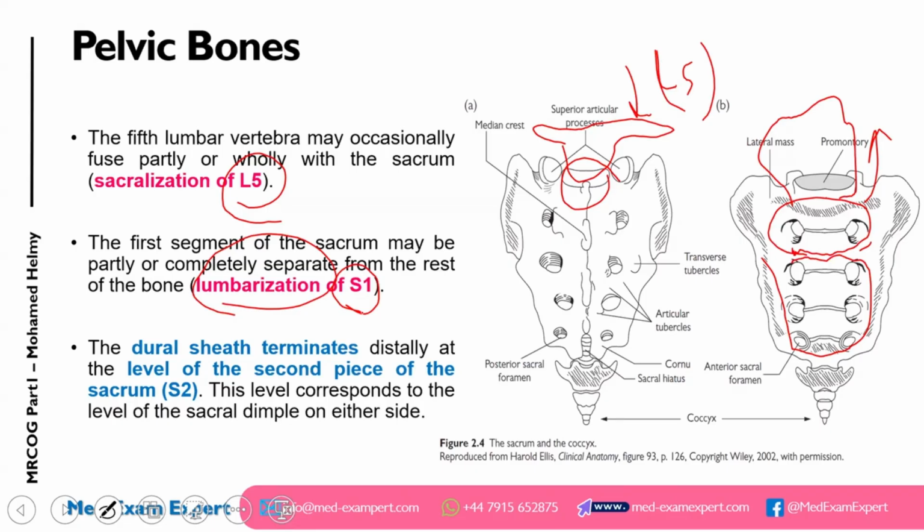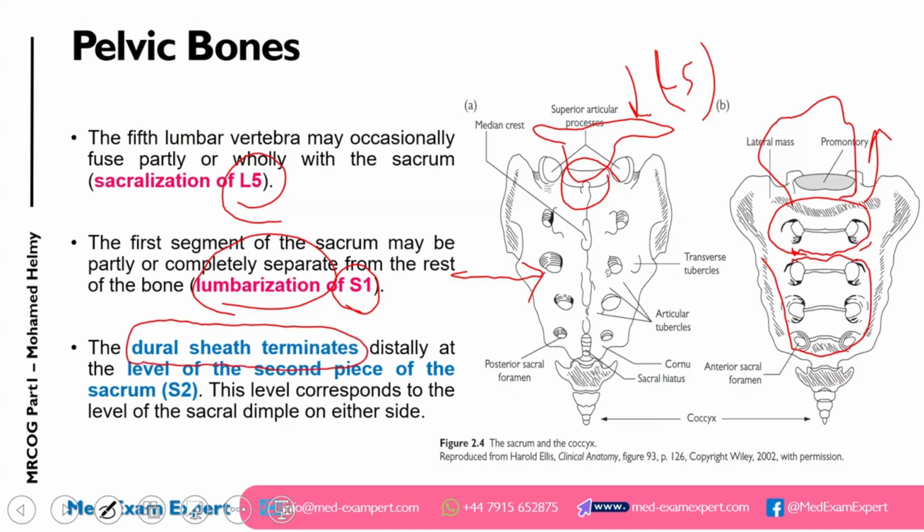The dural sheath, which covers the spinal cord, terminates at the level of the second sacral piece. At the level of the second sacral piece, this is the termination of the dural sheath.